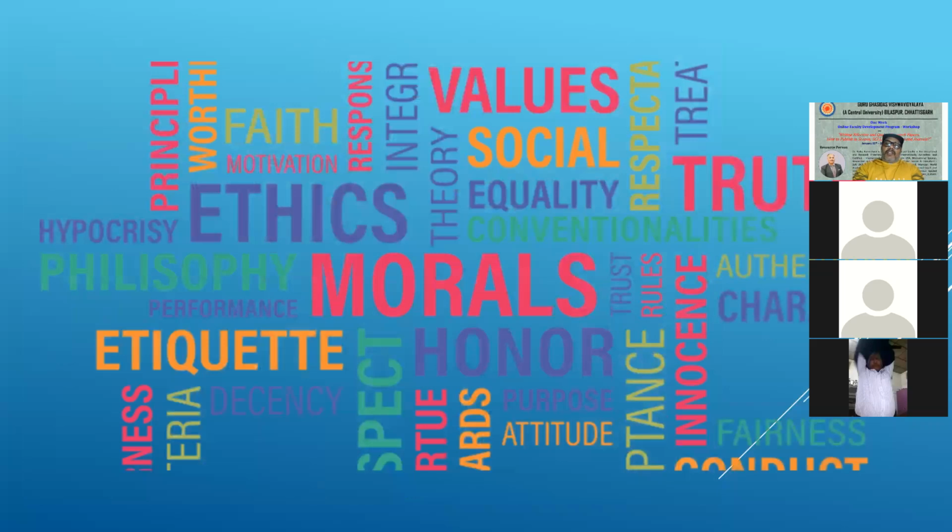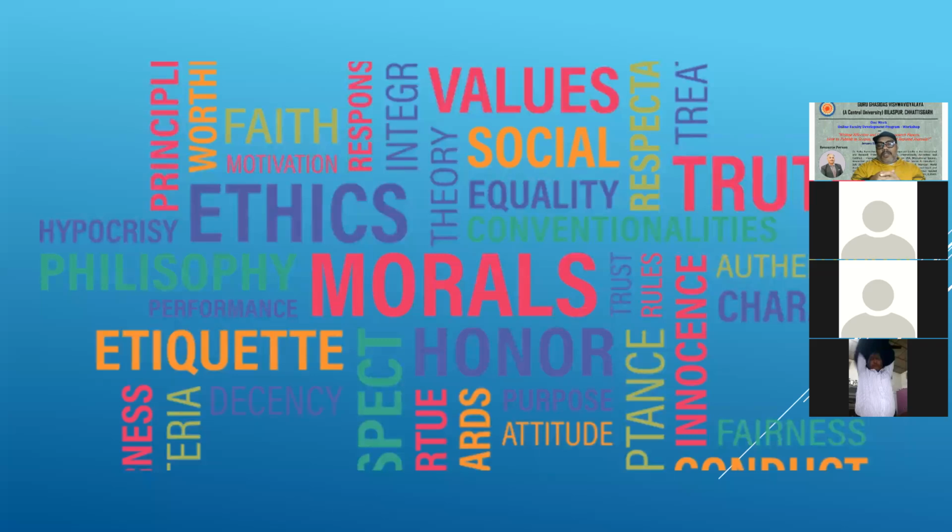This is another interesting chart I thought to share with you. Even without research, these things are required by everyone. Motivation you need. You should have faith. You should know the difference of worth, principal values, equality, conventionalities, morals, rules, trust, etiquettes, isn't it?